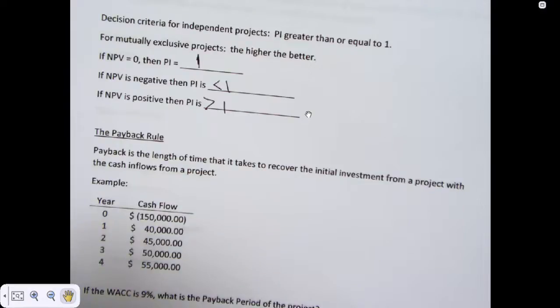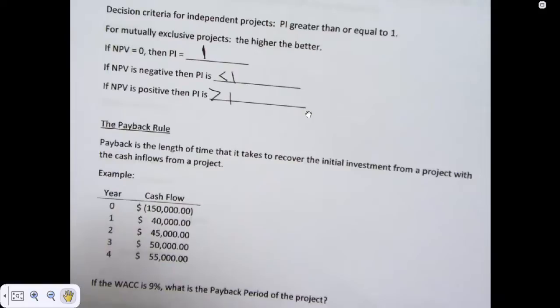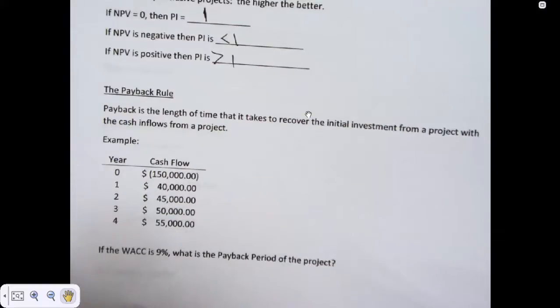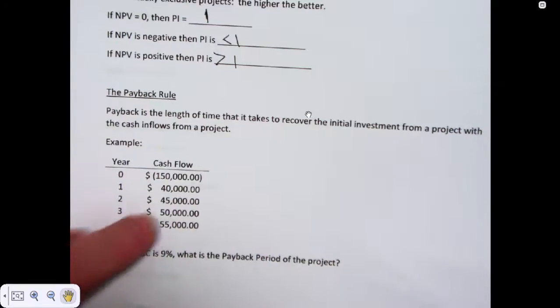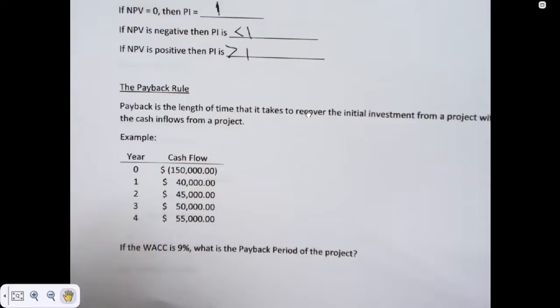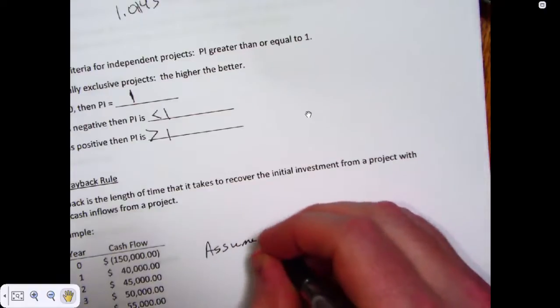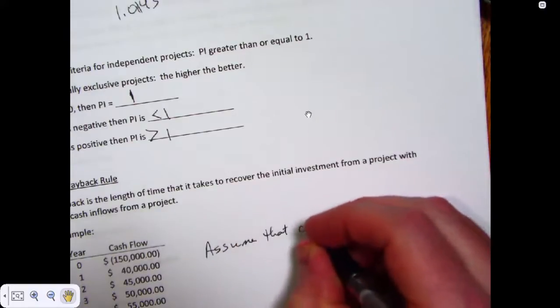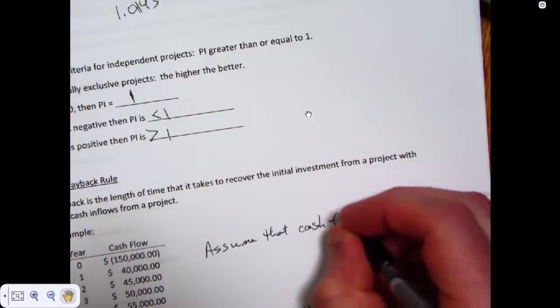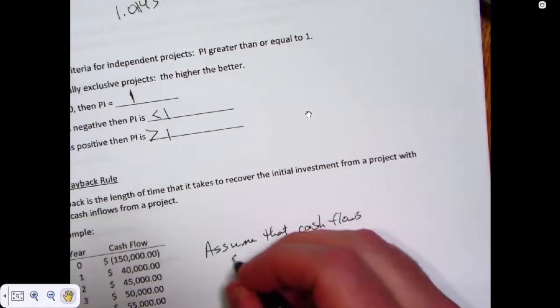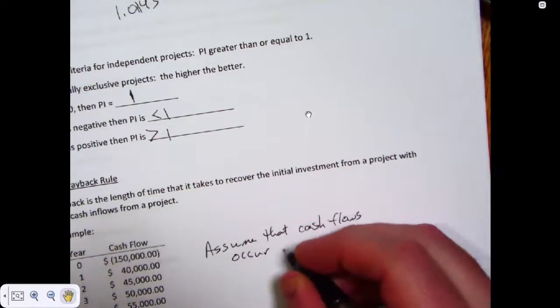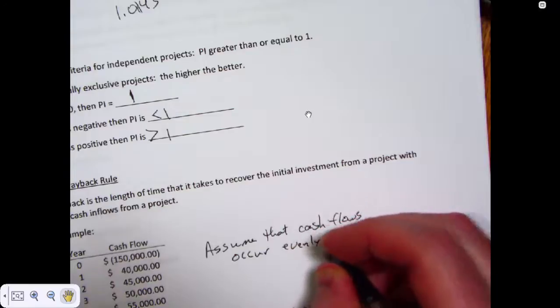You just add back dollars until you pay off the project. We assume that cash flows occur evenly throughout the year.